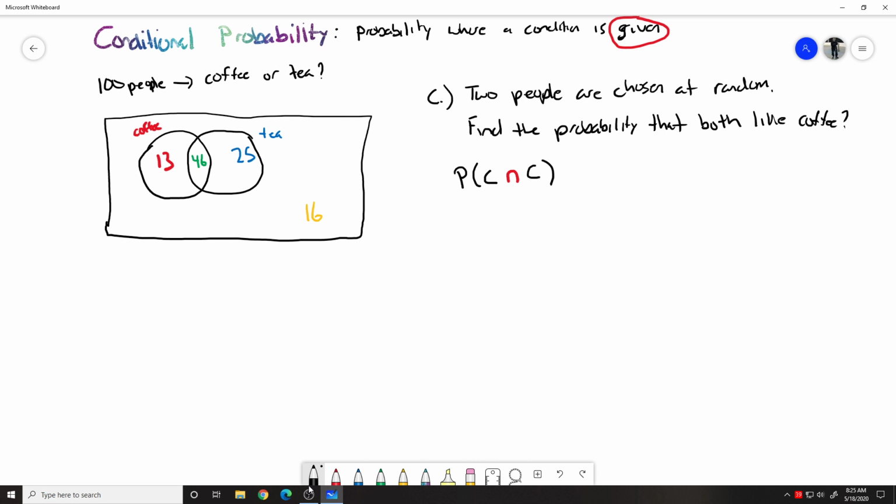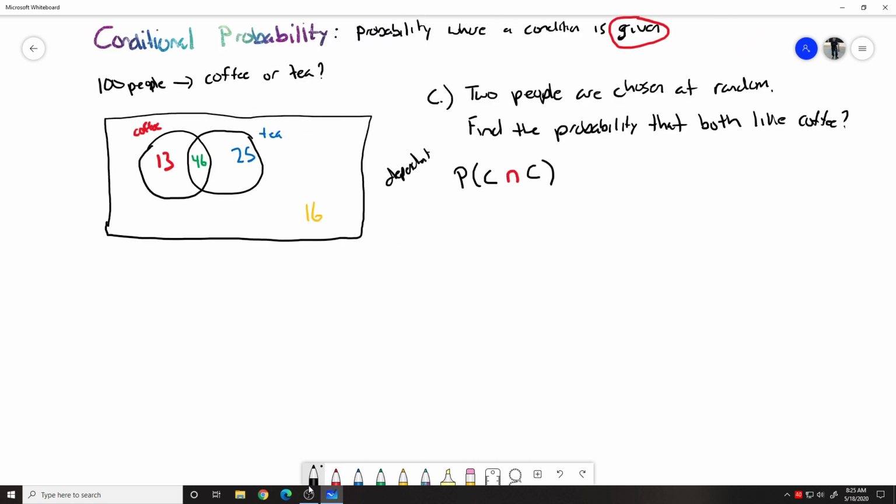When I pick the first person, I want to get two people that both like coffee. If I pick somebody that likes coffee on the first pick, it does affect my chance on the next pick, doesn't it? Because I've just taken one of the people out of the total I can pick. So this is a dependent type question.